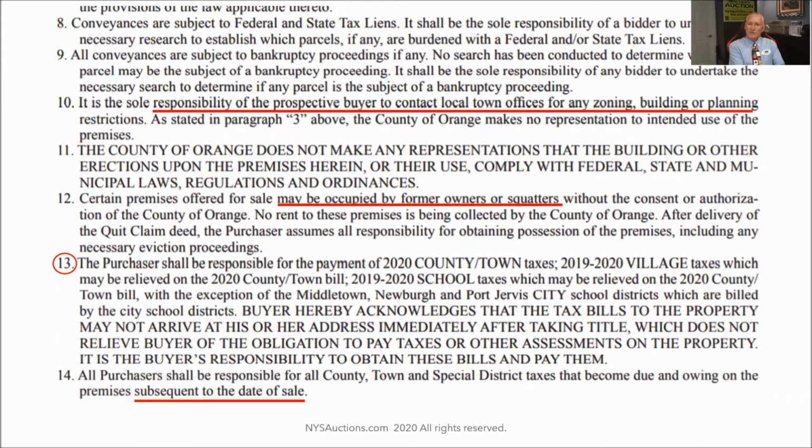Some of these properties may actually be occupied by former owners. They may still be occupied by them, or maybe tenants may be there, or in an extreme case, maybe even a squatter. You're going to take title with somebody maybe there or not. So you're going to want to look at our catalog of information where we've tried the best we can to indicate whether the property is occupied, and you can just drive by anywhere at any time.